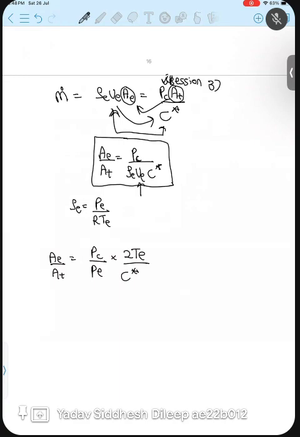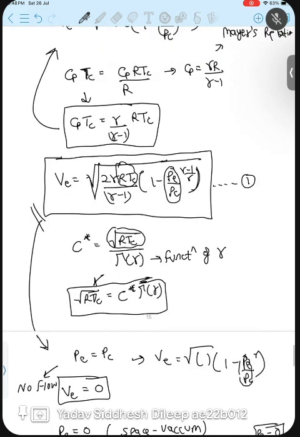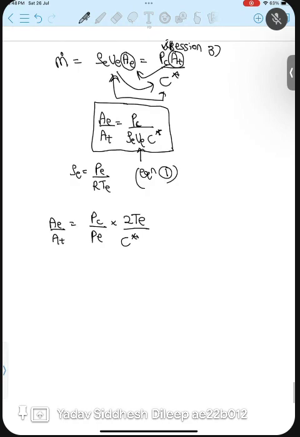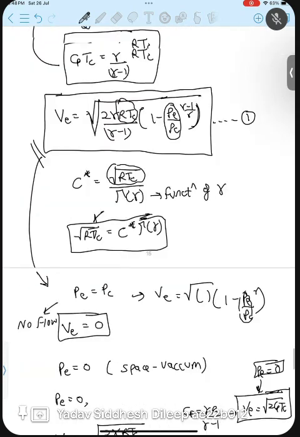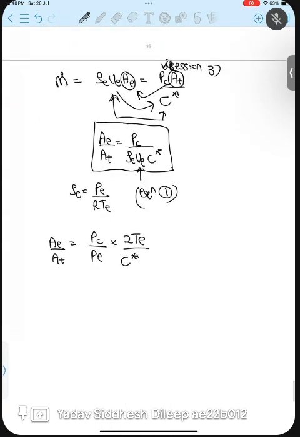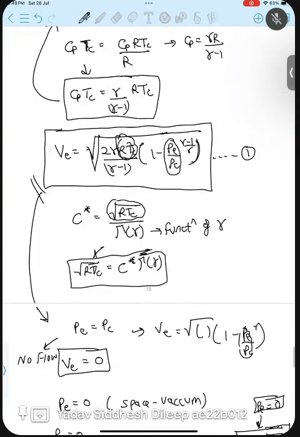Then you replace U exit from this equation, equation 1.